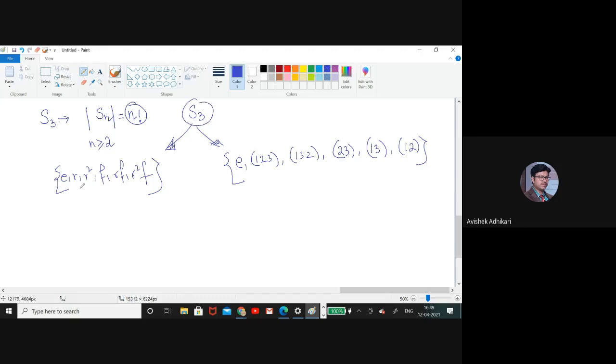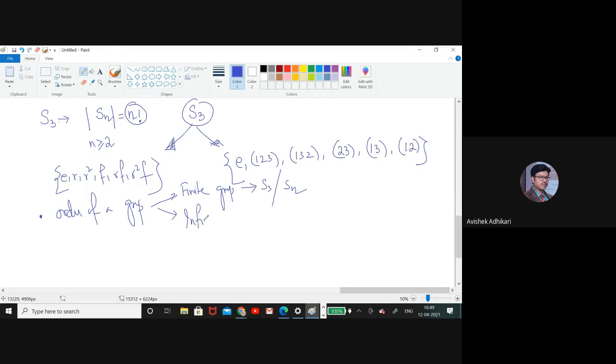We have also seen what we mean by the order of a group. We have seen finite and infinite groups. Finite group example: S3, or Sn.